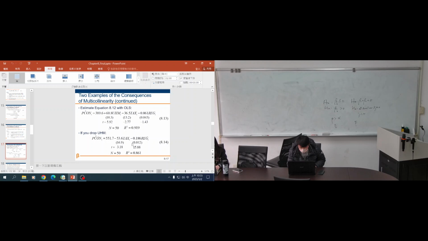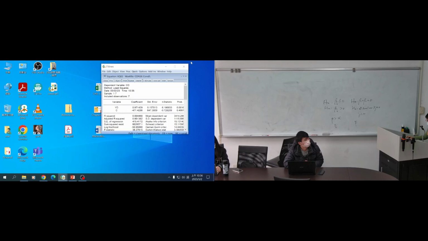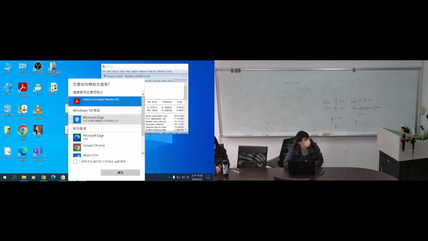Therefore, because of the missing information compared with the standard normal distribution, they invented a different one called the T distribution. Let me show the T distribution. I think I have the table here. Excuse me. Yes, I do have this T distribution. Look at this one.